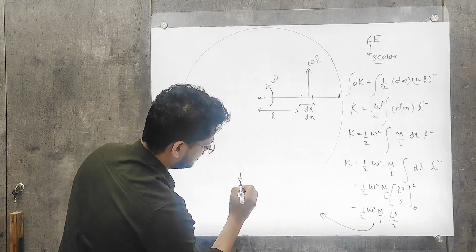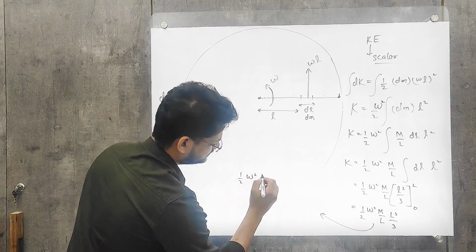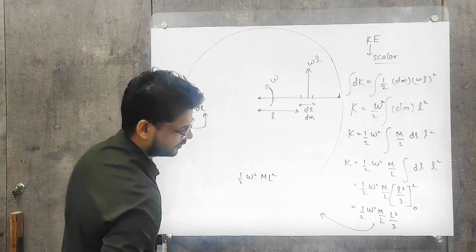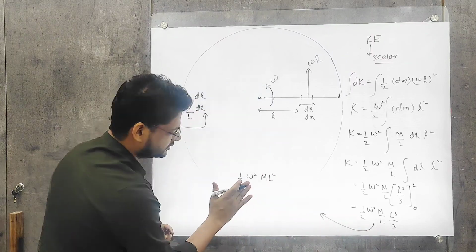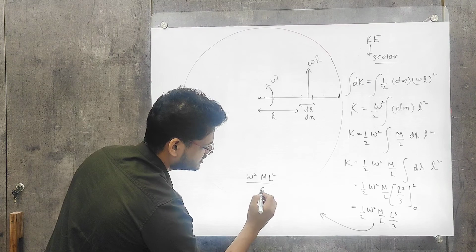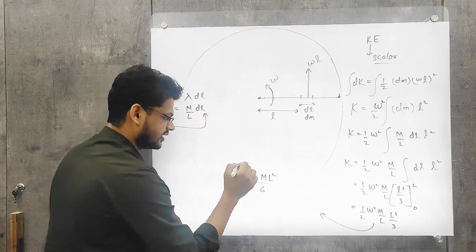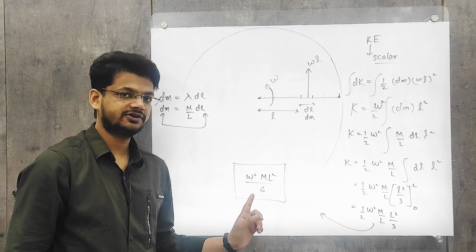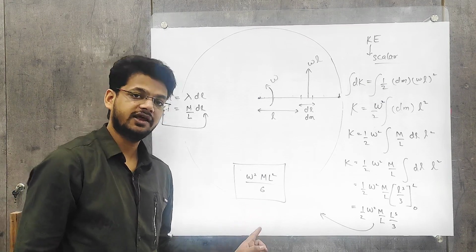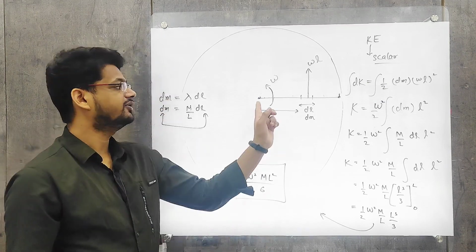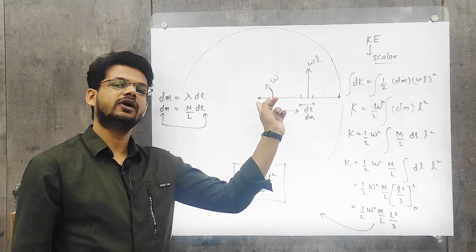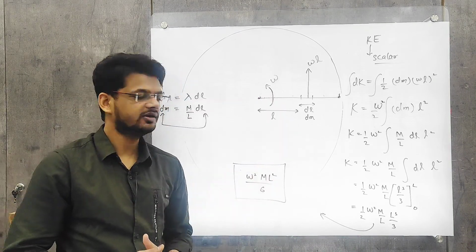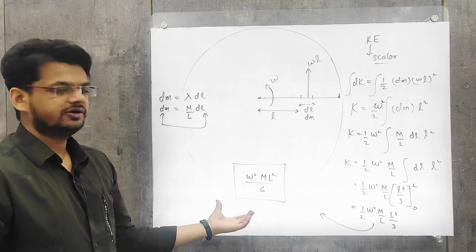It will become half omega square m L square, and now this 2 into 3 will become 6. This is our answer. This is the kinetic energy of a uniform rod of mass m and length L, which is rotating about one of its end points. So this is our final answer.